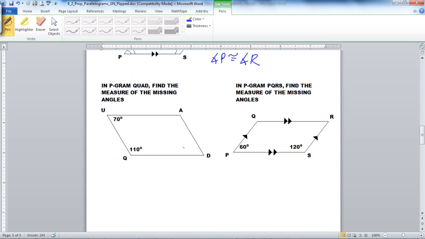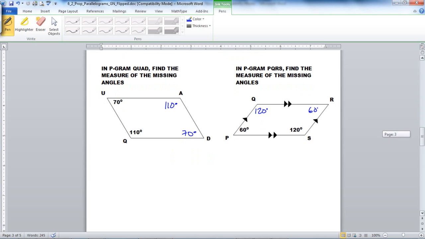I know my opposite angles are congruent, so that is 70 degrees, and that is 110. Hey, this is a parallelogram. I know it because of the markings, so this is 120 degrees right there, and that is 60 degrees right there. So we've got opposite sides are parallel, opposite sides are congruent, and the opposite angles are congruent for right now.